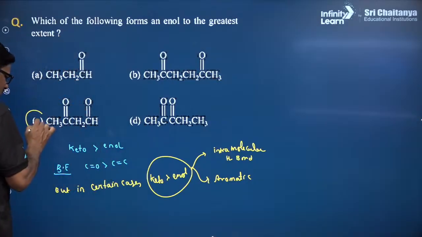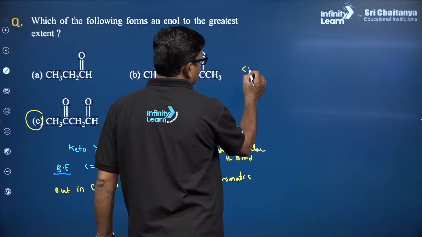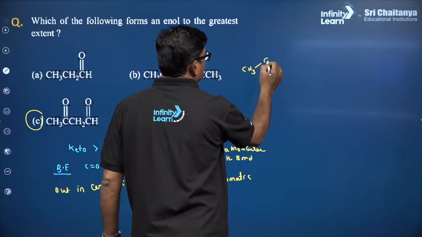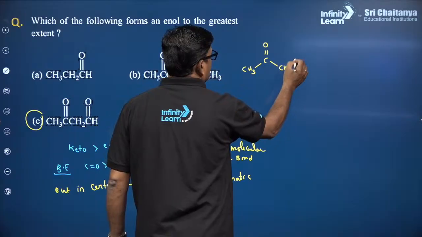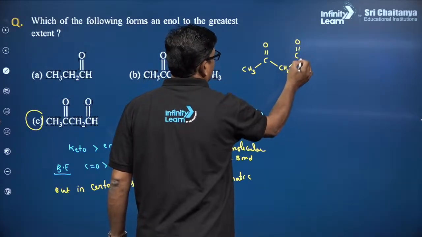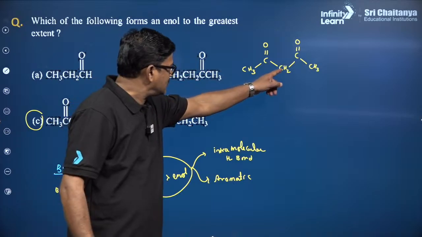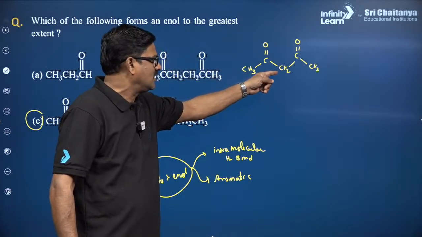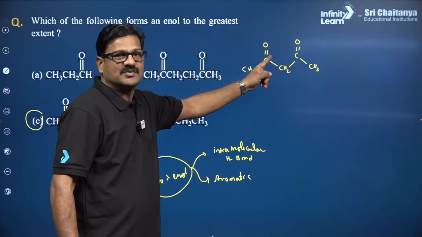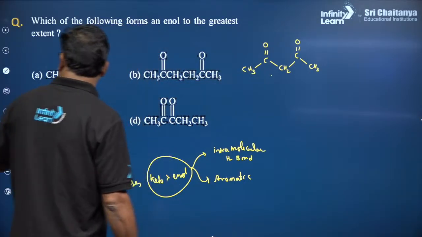Look at this, how can we see its enol form? Look at this: CH3, C double bond O, CH2, C double bond O, CH3. Now this is what is called enolizable hydrogen. This is active hydrogen, an active methylene group. So this is enolized in that way.